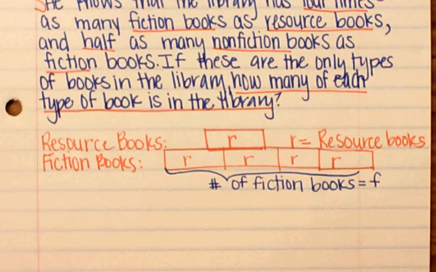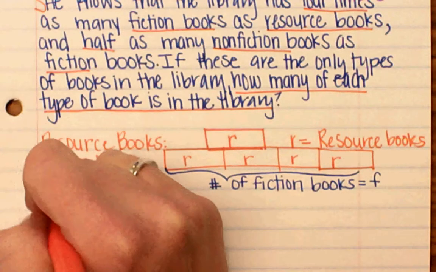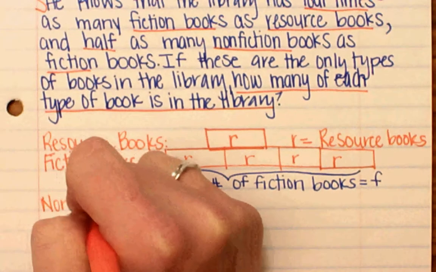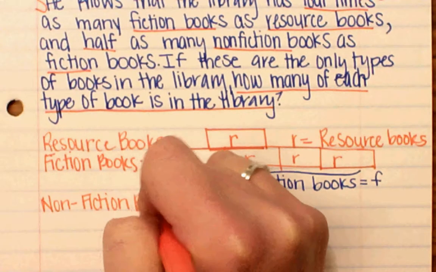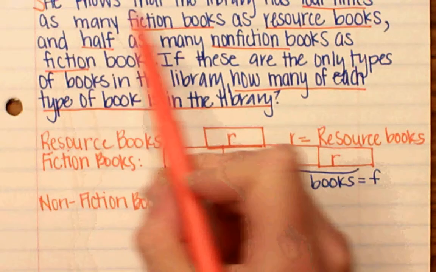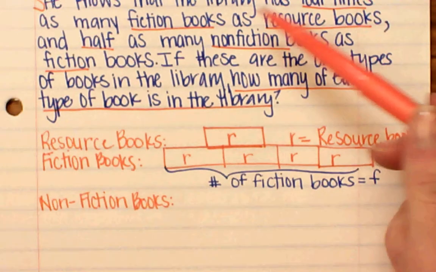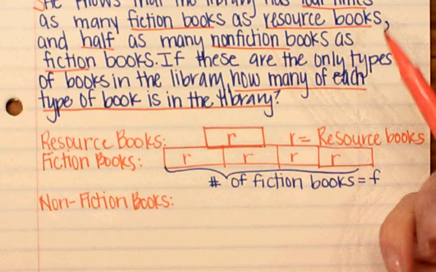Okay, now, let me turn the page of my notes that I'm looking at here. Now we're going to draw a tape diagram to represent nonfiction books. And if you read the problem, it says, she knows that the library has 4 times as many fiction books as resource books and half as many nonfiction books as fiction books.